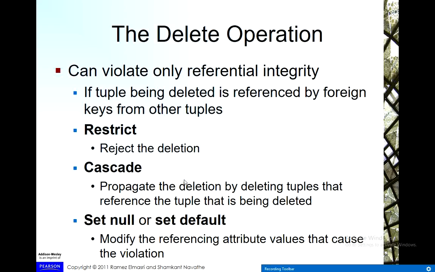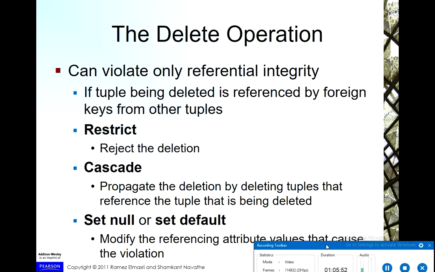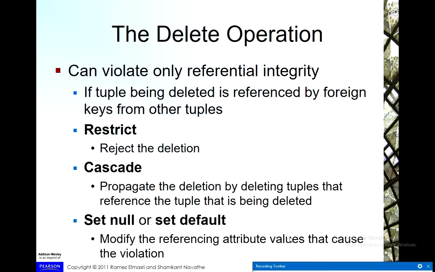And there is also cascade. Cascade means you can implement a cascade operation in the sense that if you delete some values in one relation, the values referenced in the related table or relation are automatically deleted. Also, violations can happen with null values if you try to insert nothing in the primary key.